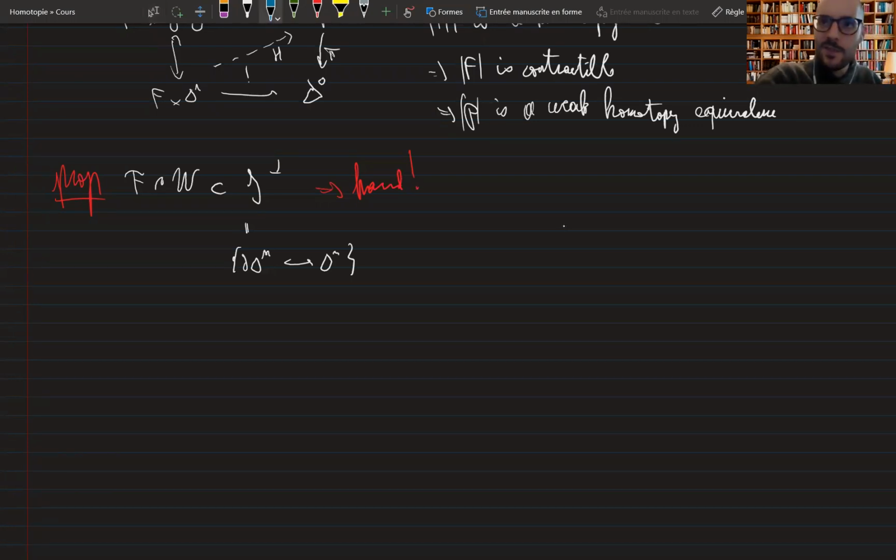So to do this, we are going to go through simplicial homotopy groups. We are going to go through the equivalence with the standard homotopy groups that you saw in the first course. But as you know, this only works for fibrant objects. So that's why I will prove this only if you have fibrant source and target. And we are going to also see a little bit the theory of anodyne extensions.